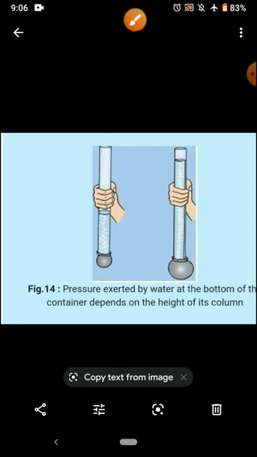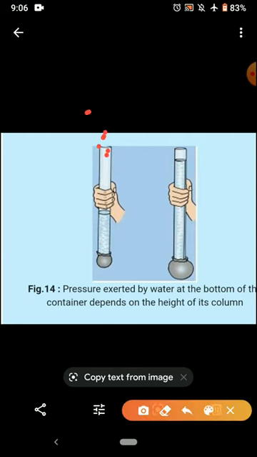When you start pouring water into the transparent glass tube, you can observe that the rubber starts bulging. The rubber sheet bulges out, just like this. When you pour more water, the more water you pour in the glass tube, the more bulge you can see.